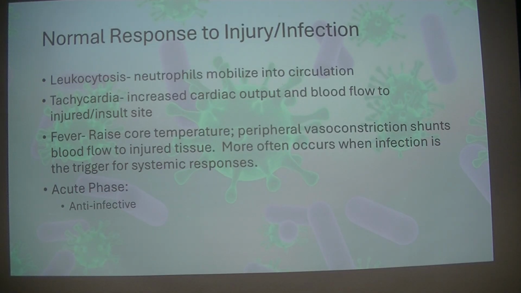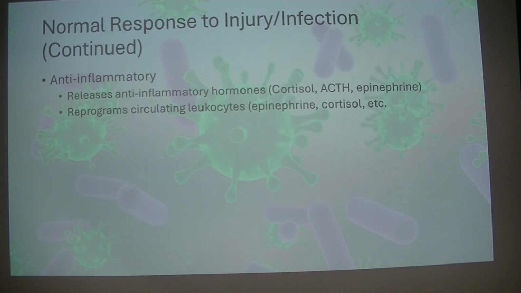More often occurs when infection is the trigger for the systemic response. Then you go into the acute phase, the anti-infective, then the anti-inflammatory, which releases anti-inflammatory hormones such as cortisol, ACTH, and epinephrine, which reprograms the circulating leukocytes.